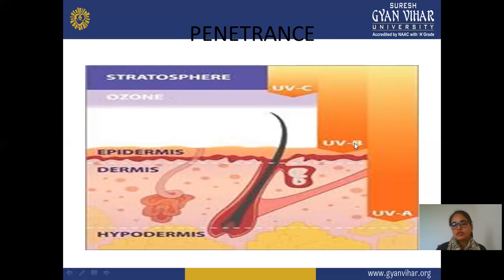UVB reaches just the surface of the epidermis, and UVC does not damage your skin. When you apply sunscreen, it helps protect from these rays, especially UVA because it is more dangerous, and UVB also a little bit. After applying sunscreen, the rays do not penetrate your skin, protecting it from sunlight or tanning.